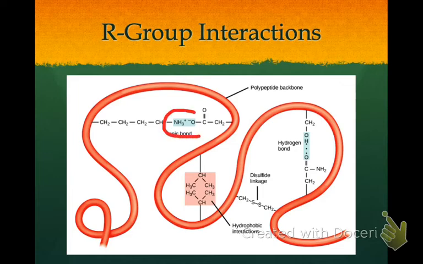And you can see here with the ionic bond, we have a positive amino group, we have a negative oxygen group. Again, we can be thinking acidic and basic groups. Those are going to be our polar interactions. Here we have hydrophobic interactions where we've got some nonpolar R groups.